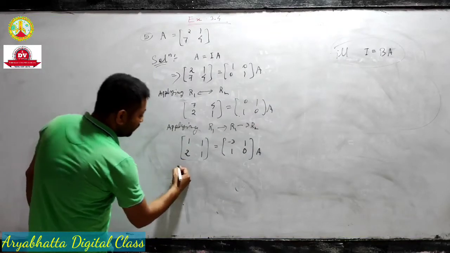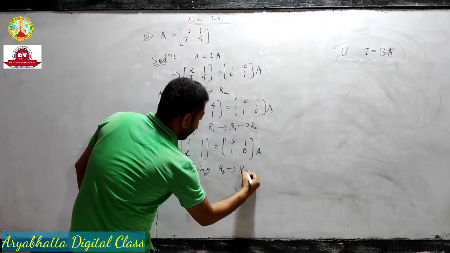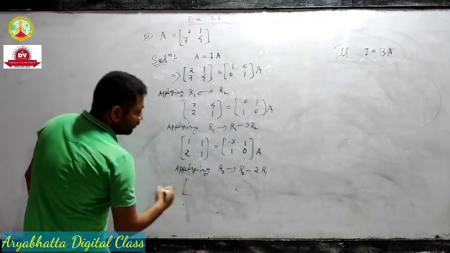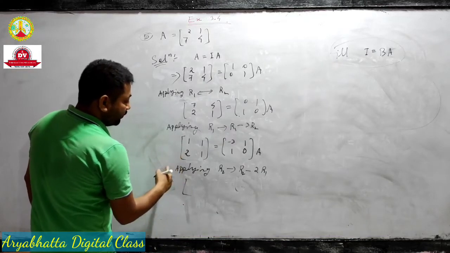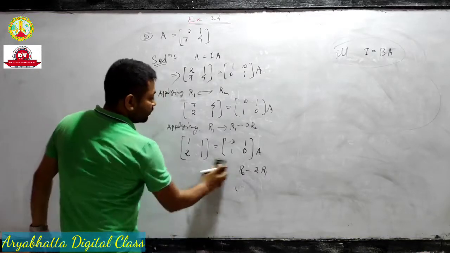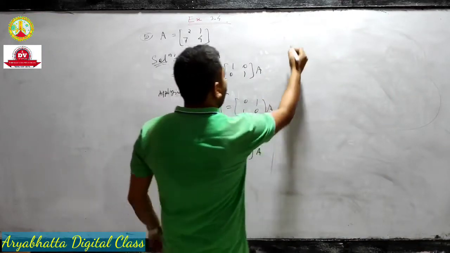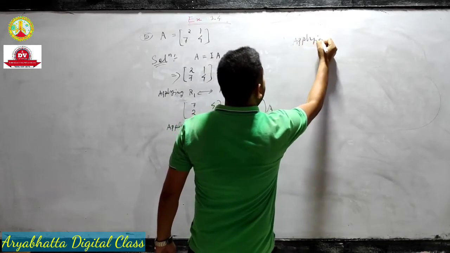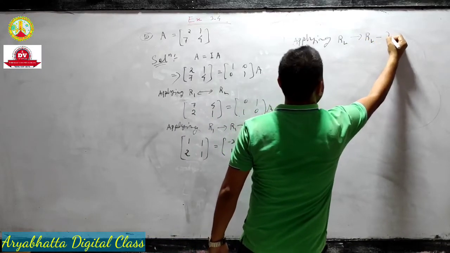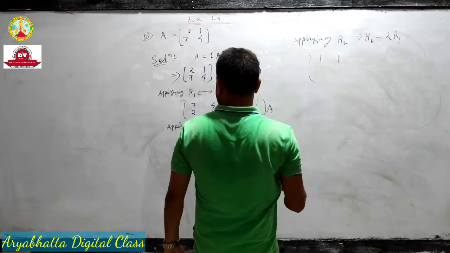For these elements, we apply R2 tends to R2 minus 2 into R1. Then we have R1 the same, 1 1.